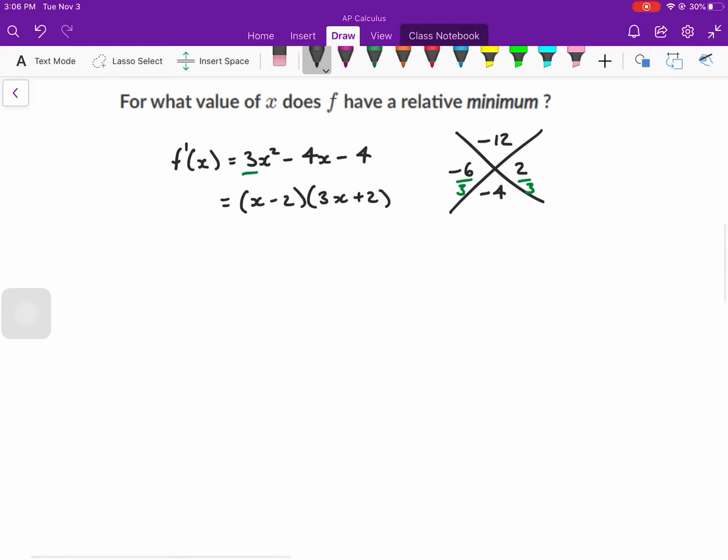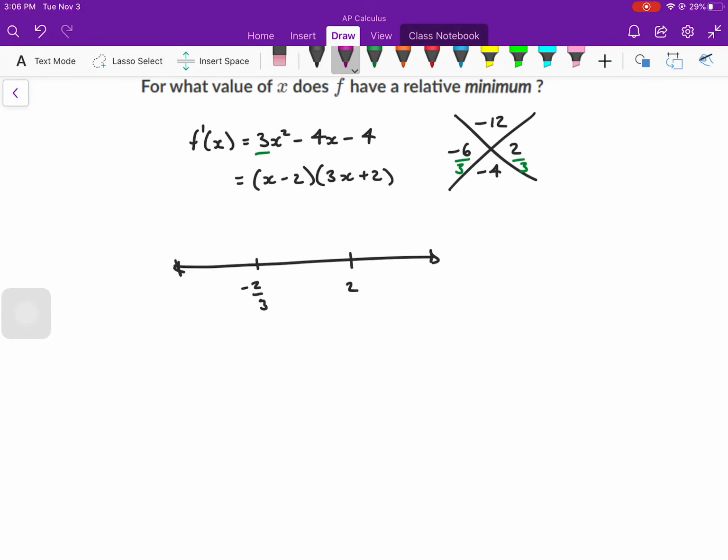So our zeros, I'm going to go ahead and draw our number line. And our zeros will be negative 2/3 and positive 2. Now it seems painful that we have a fraction. It ends up not that bad. Because remember, we're testing values to the left and to the right.